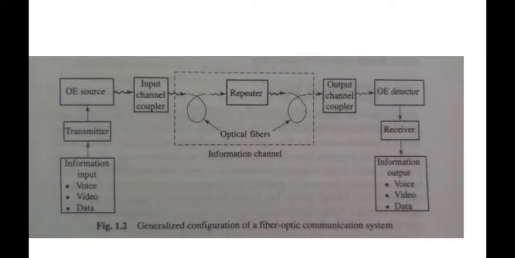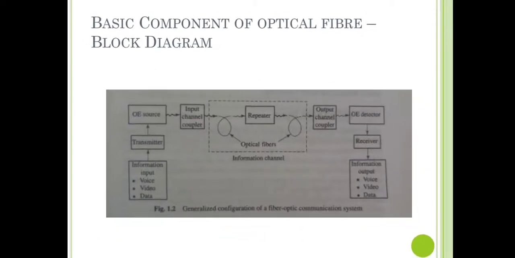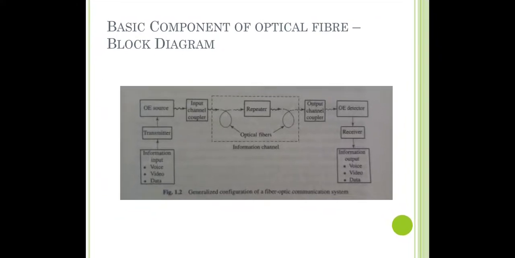They are nothing but our OFC cables, which are made up of either plastic or glass. Inside that, the main block in dotted format is represented as the information channel. In the information channel we have optical fibers, and one more block present in that diagram is the repeater. So what is a repeater and what is its function, we have to see.